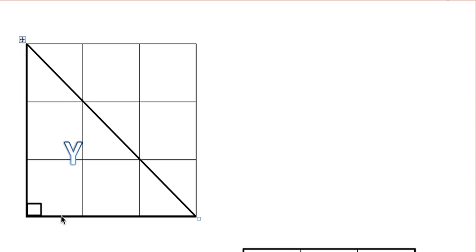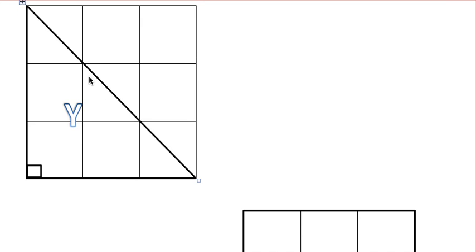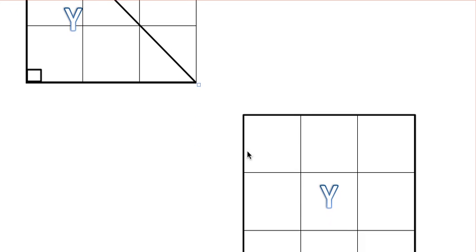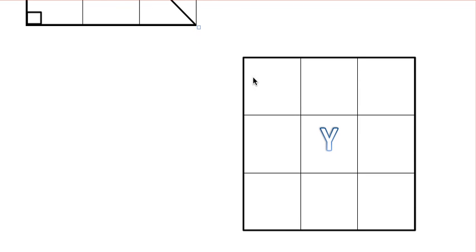And so we would cut out this right triangle and take it and fit it into the same size rectangle, or in this case, this is a specialized rectangle, it is a square. 3 units on each side, so this is a square. And we would fit that piece over to prove whether or not our formula from part A is correct.